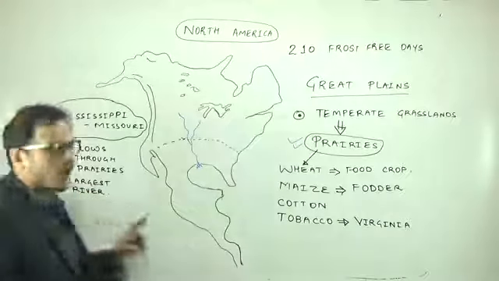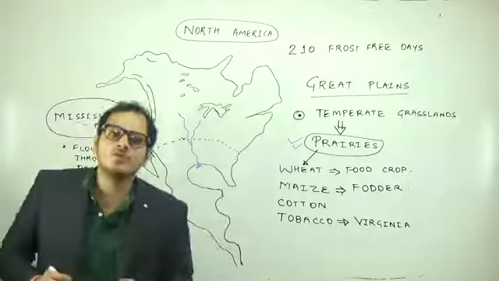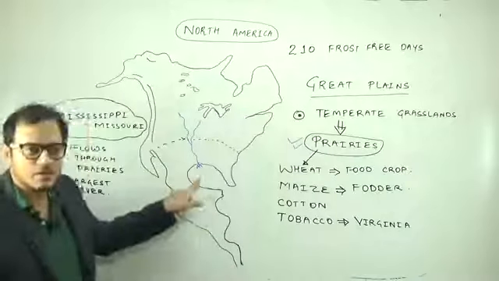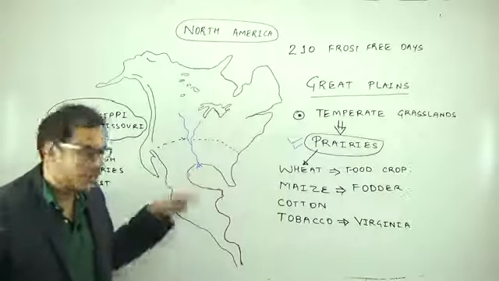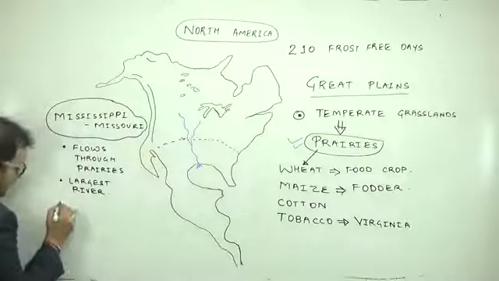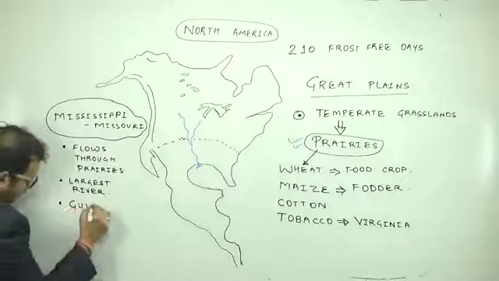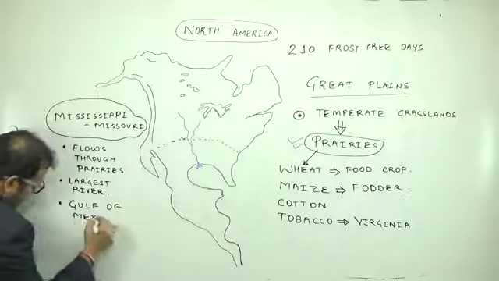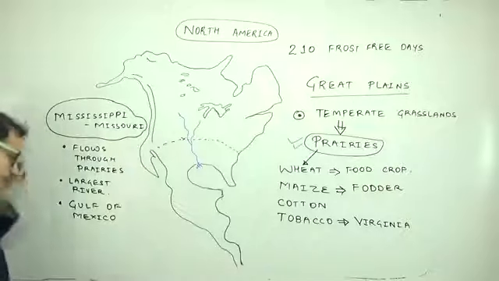And where does it drain? The question is, where does the Mississippi Missouri River drain into? It drains into the Gulf of Mexico.